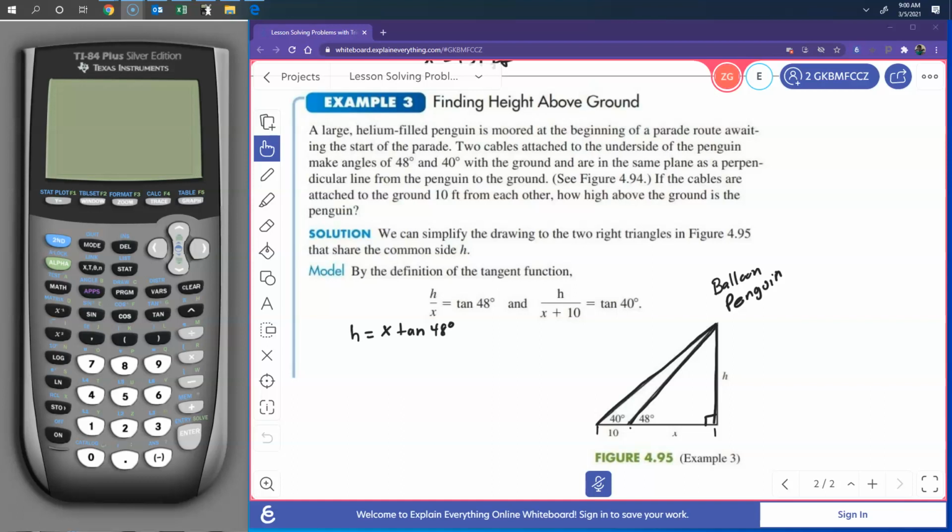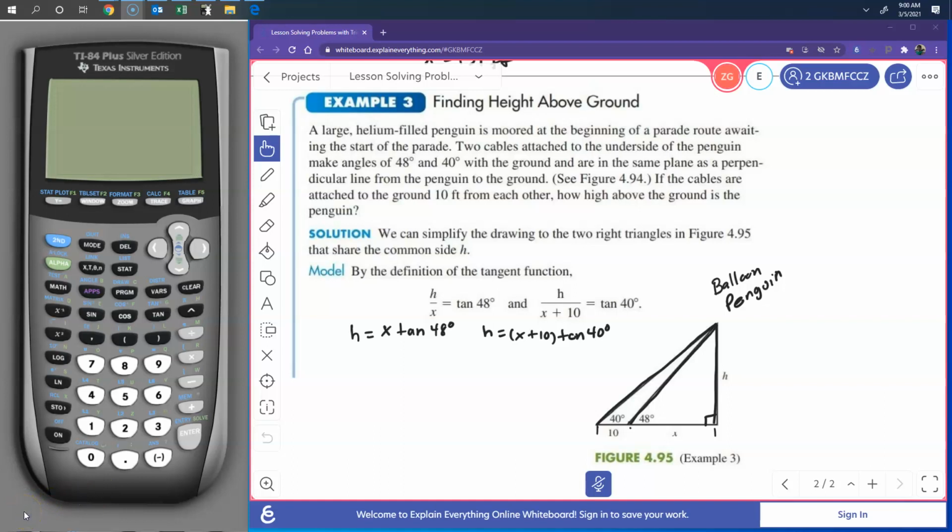The next one is going to be h equals x plus 10 times the tangent of 40 degrees. So you know that both expressions equal h. I want you to think about, what do you think we should do? So I'm going to go ahead and pause the video.